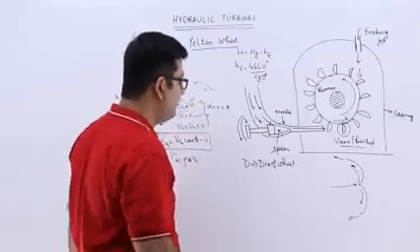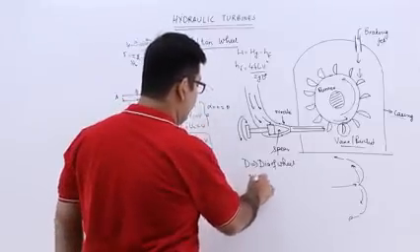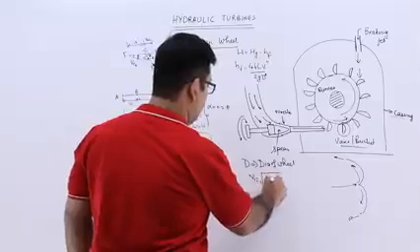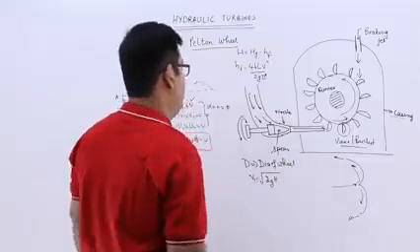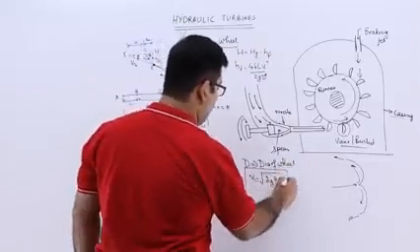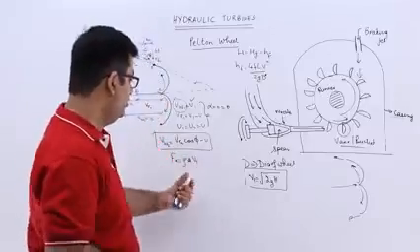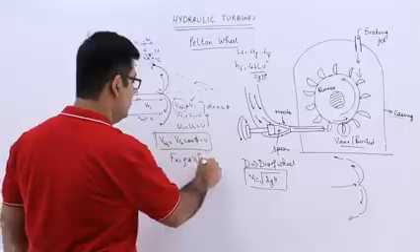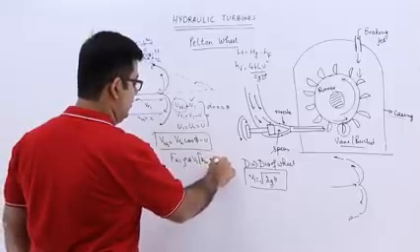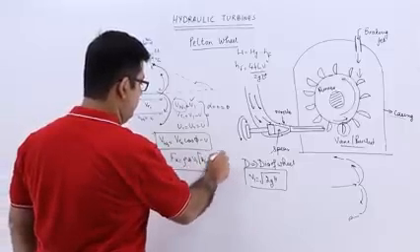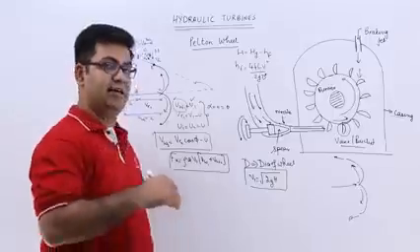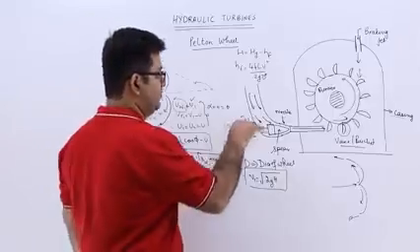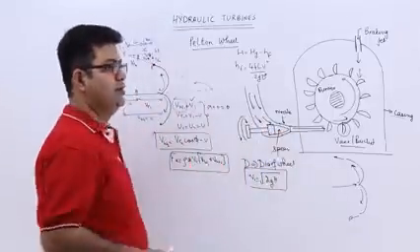With net head, I can find out the velocity at inlet, which is V1, which would be nothing but root of 2g into h. So from here I can find out V1, and I can use it to calculate this part. And then you will have VW1 plus VW2. So this is the force exerted onto this bucket per unit time.